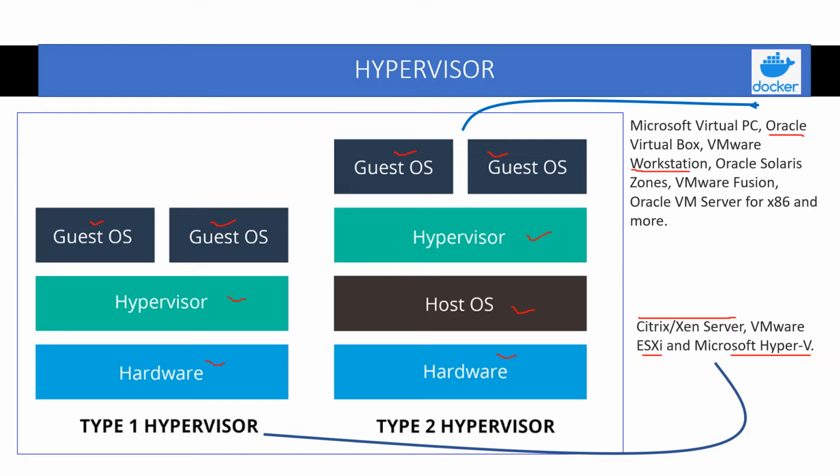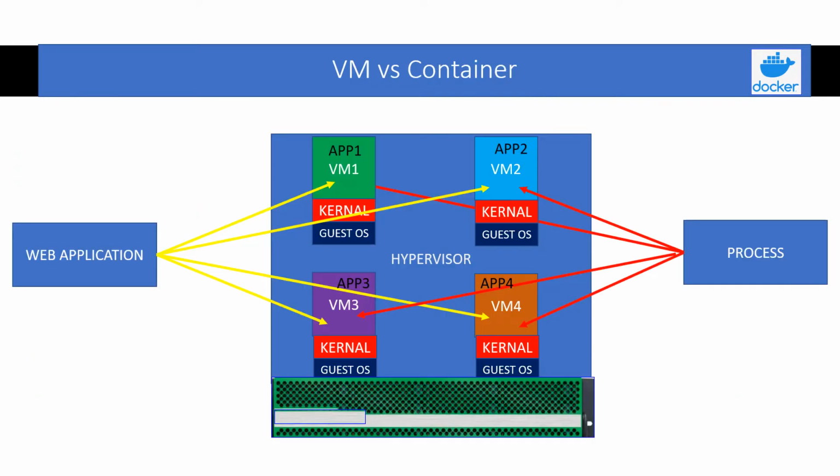Those are two very famous hypervisors available in the market. In this example, you can see the hardware piece, and on top of that you are creating four VMs: VM 1, 2, 3, and 4.